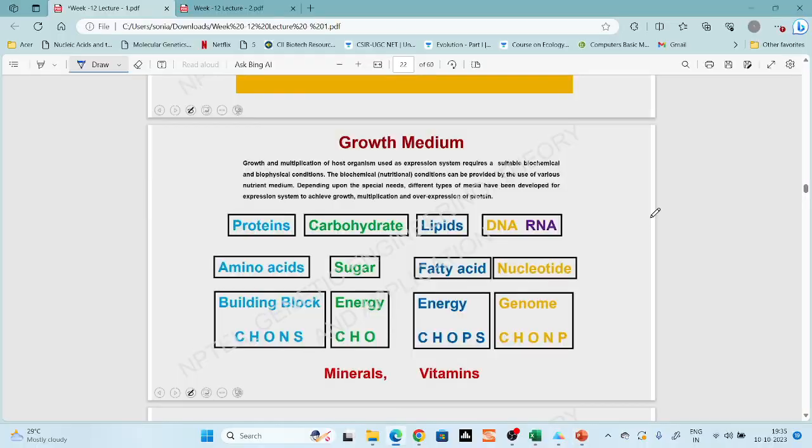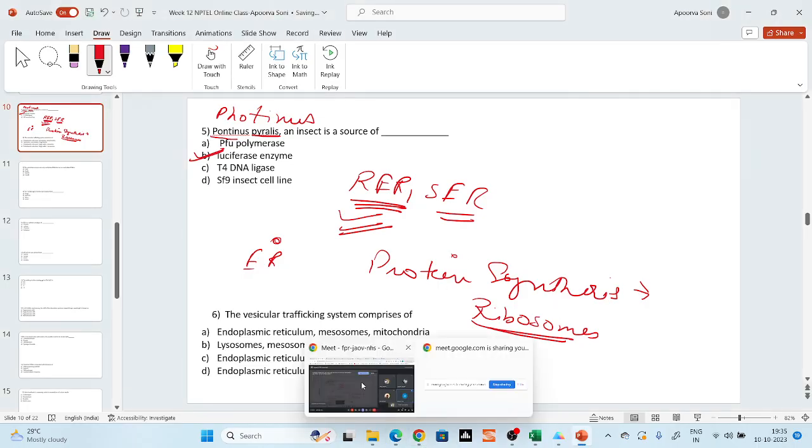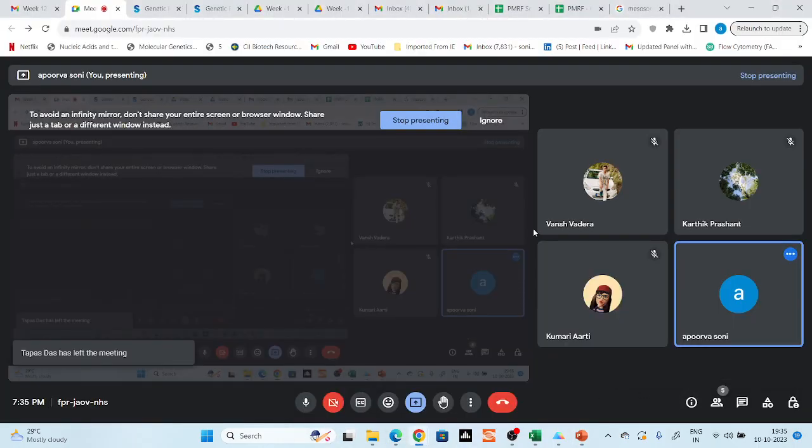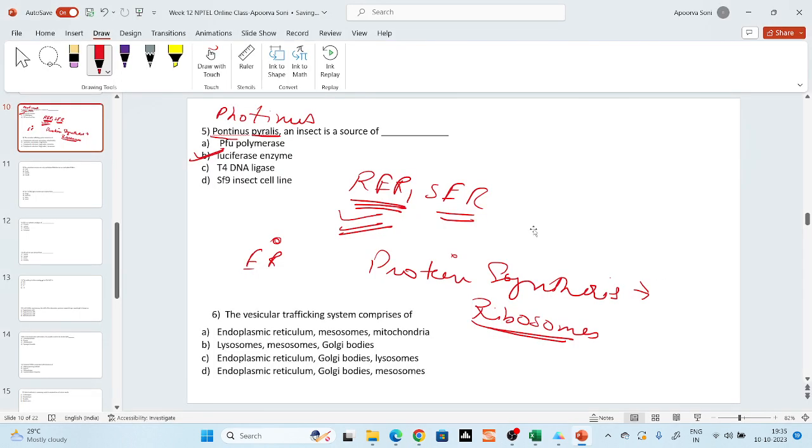When the proteins are synthesized in the ribosomes, they are very naive proteins, meaning proper modifications and proper folding of these proteins have not yet occurred.